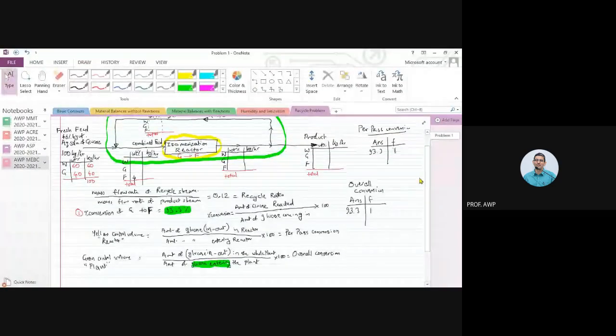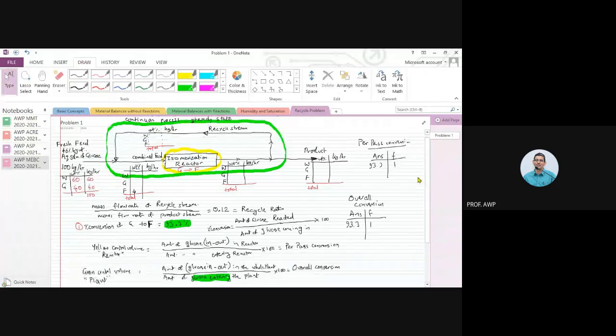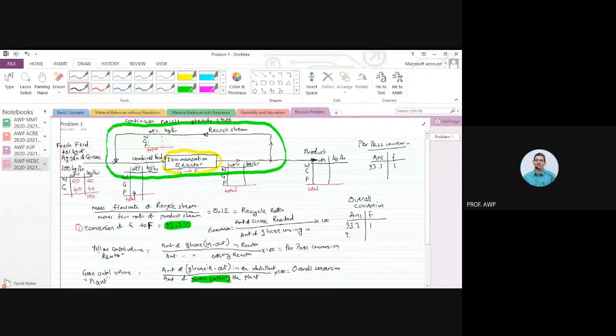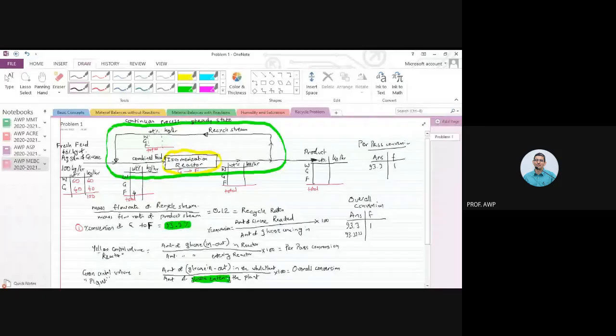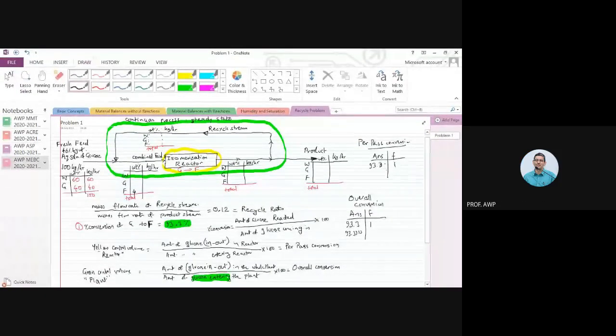Only thing is one is per pass, one is overall. Sir, my overall is coming 93.3 bar. The 3 is continuous to infinity, 93.33333. And this also is the same. Per pass is same or different? So it's different. Check your calculations, Praveen. Yes, sir, I will check.